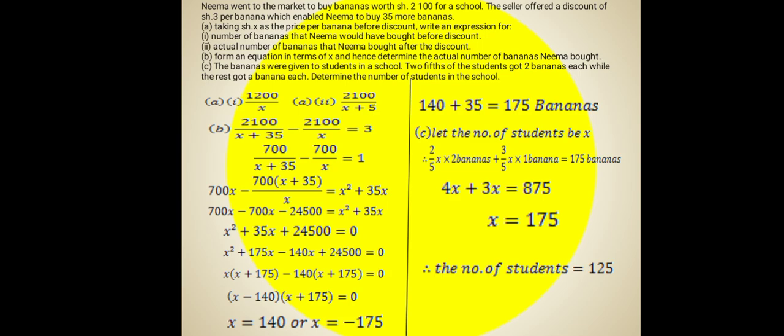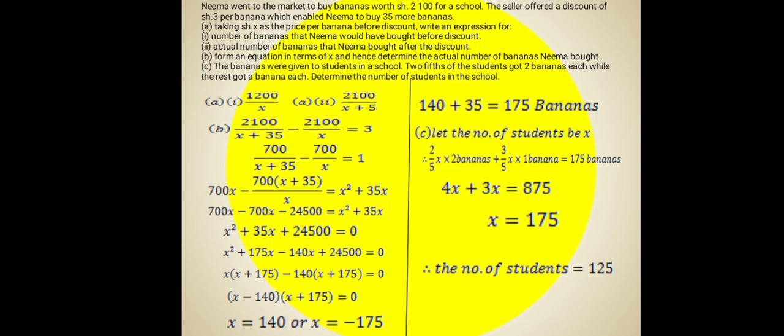Now solving that equation, we get that the actual number of bananas she bought was 175 bananas. Now, we have been asked, the bananas were given to students in the school. 2/5 of the students got 2 bananas each, while the rest got a banana each. Determine the number of students in the school.